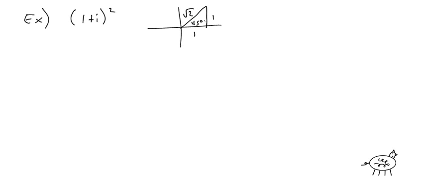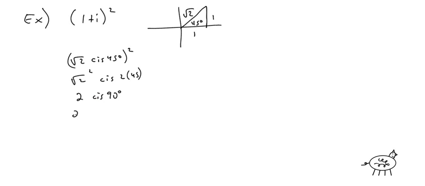So let's write it as root 2 cis 45 degrees, squared. So it's root 2 squared, cis, and I'll show my work here, 2 times 45. So root 2 squared is 2, cis 90. That's the answer in polar.